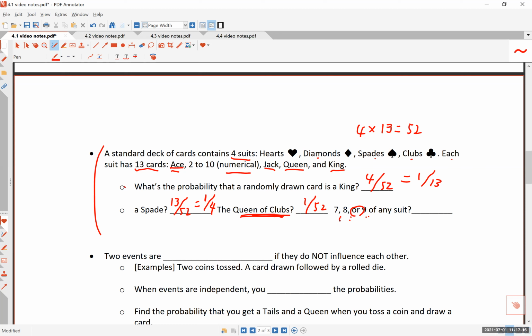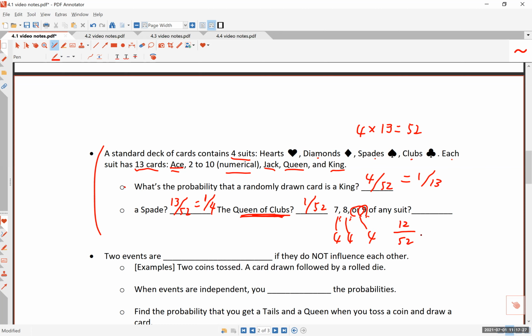The word or means 7 is okay, 8 is okay, and 9 is okay, right? You have 4 of these, 4 of these, and 4 of these. And so you have 12 out of 52. Let's go ahead and write that down. My letters, characters look kind of funny here. 12 out of 52.